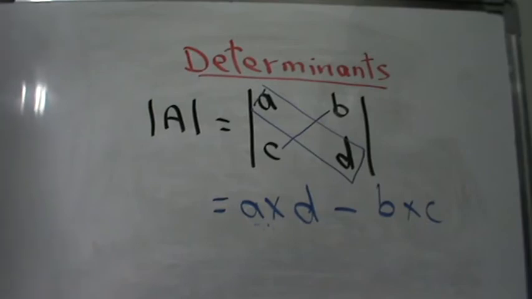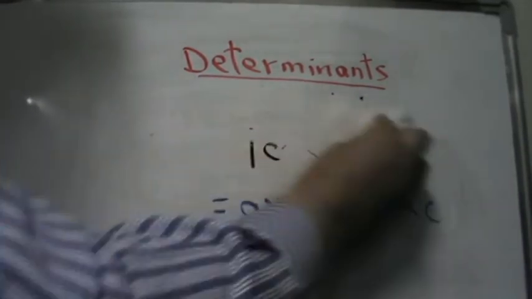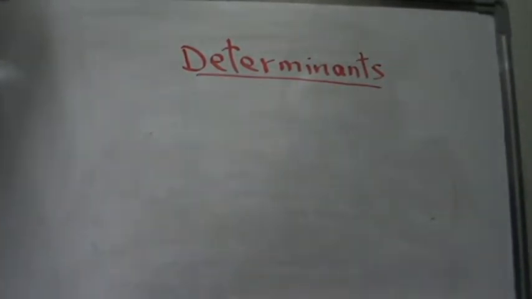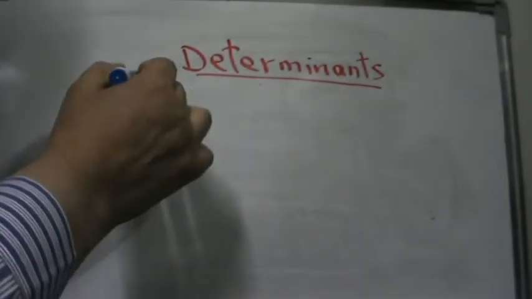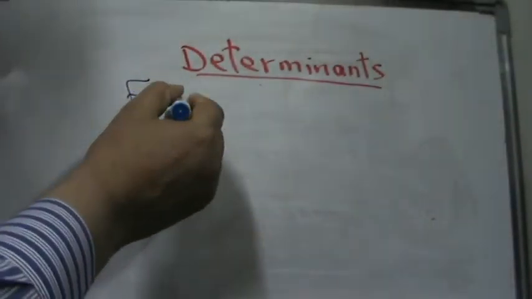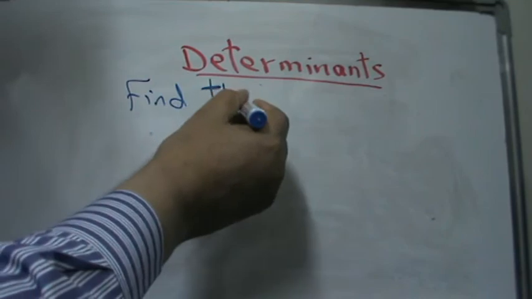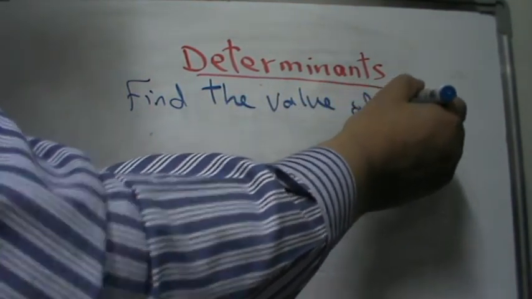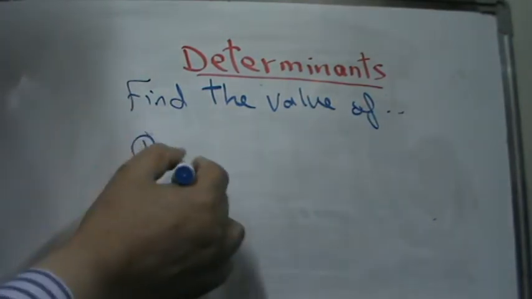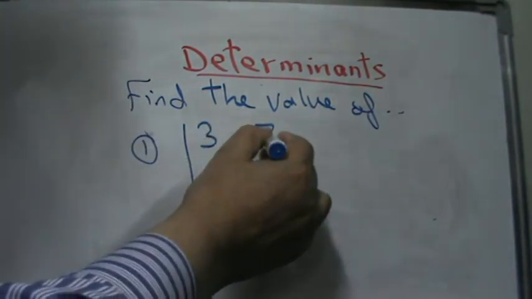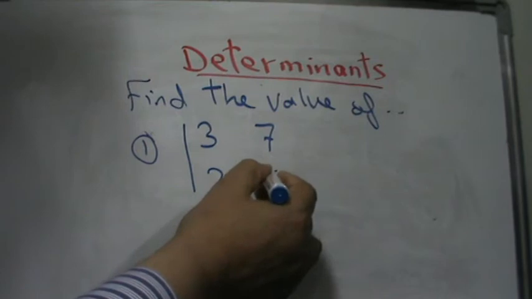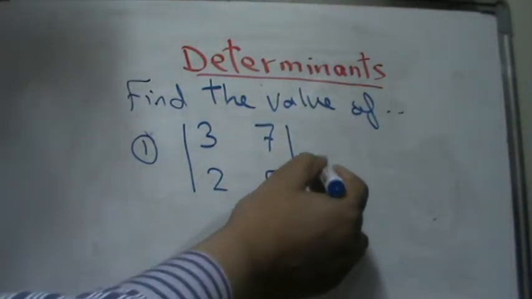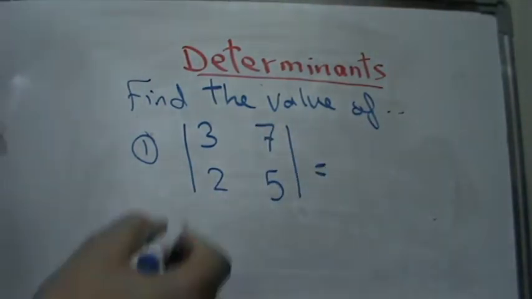For example, find the value of the following determinant. If you have 3, 7, 2, 5, how to get it?